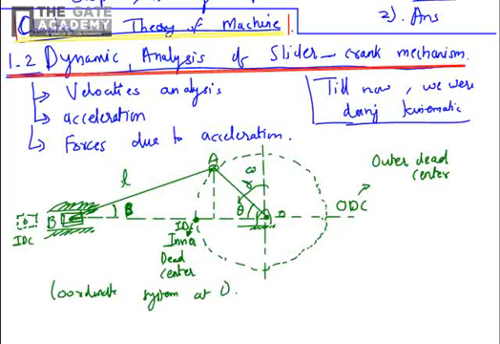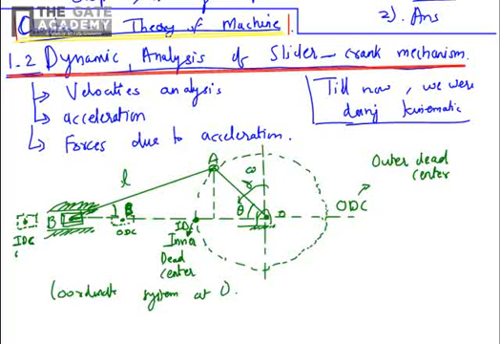So this is known as IDC, inner dead center of piston. For that time instance, the crank will be lying in the horizontal position and the piston will be farthest. And at 180 degrees out of phase, the piston will be at the point closest to the crank center. This is known as outer dead center of the piston.